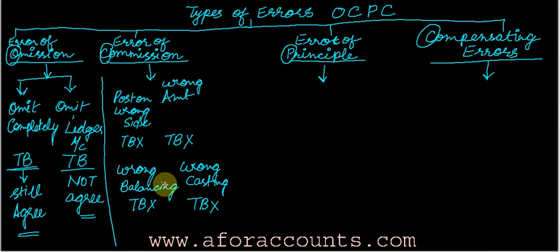If you write a wrong amount in the subsidiary books, the trial balance will still agree because in both sides the wrong amount has been written. And posting an amount in the wrong account but on the correct side. Say, for example, you had to post it in furniture account, you are posting it in machinery account, but the side is correct. Since the side is correct, the trial balance will agree.